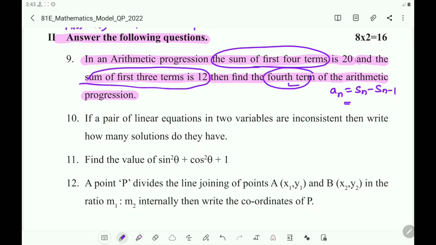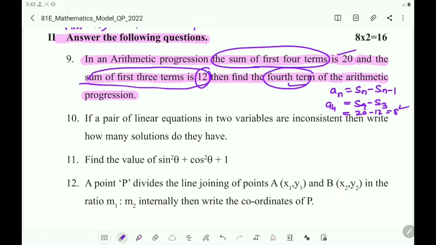We have to find the fourth term, that is A4 equals S4 minus S3. S4 is 20 minus S3 is 12, that equals 8. So here what is the answer?